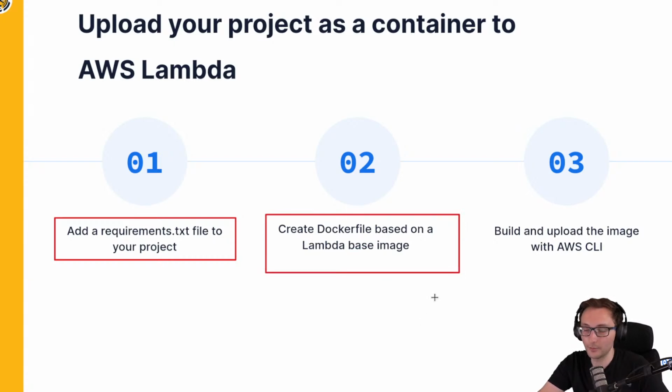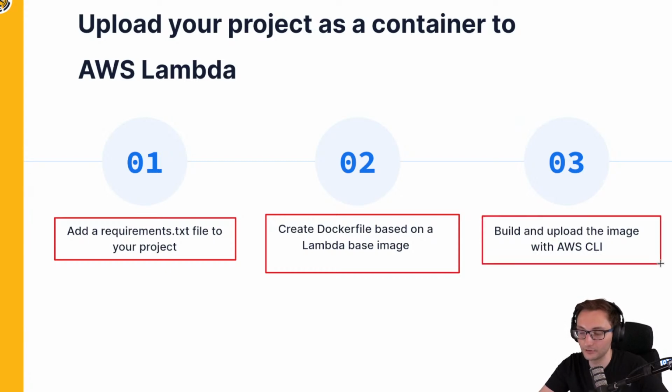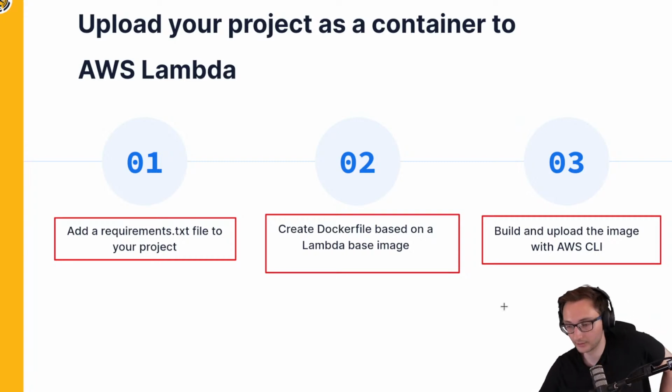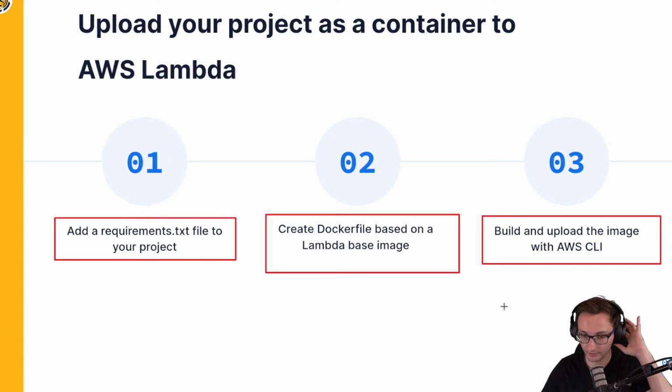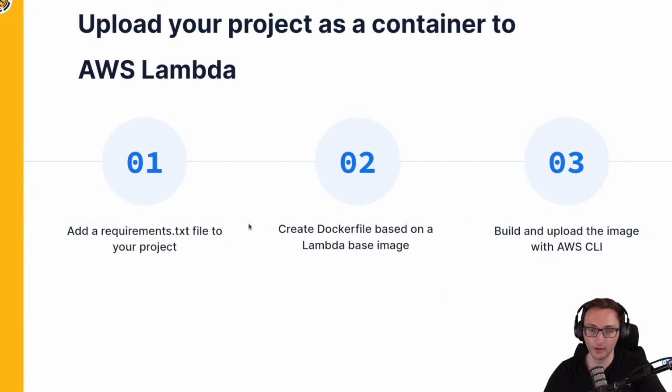And as I said, the Docker file will need to be a Lambda base image, or it needs to implement the Lambda runtime API, but the easiest way to do it is to use a base image. And then we will use Docker to build the image and then use the AWS command line tool to upload the Docker image to AWS ECR, which is Elastic Container Registry. So that's what we're going to do.